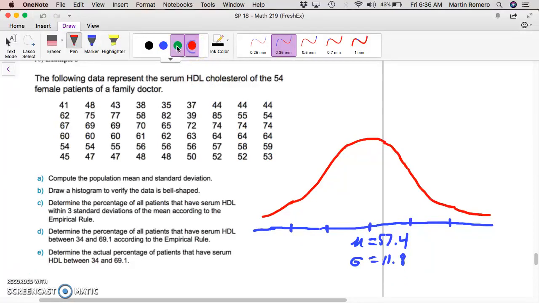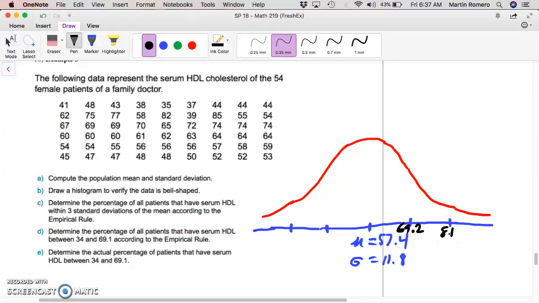Let me get a different color. This value right here, when we label it, we're going to add 11.8, one standard deviation. So that turns out to be 69.2, which would go right here. And then this one would be adding another 11.8, so that would be 81.